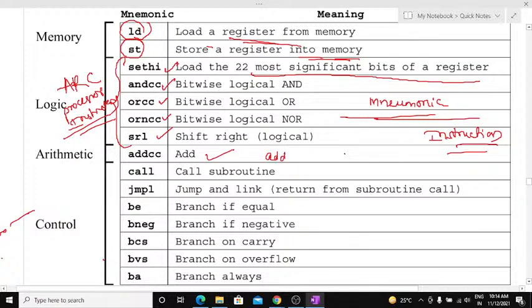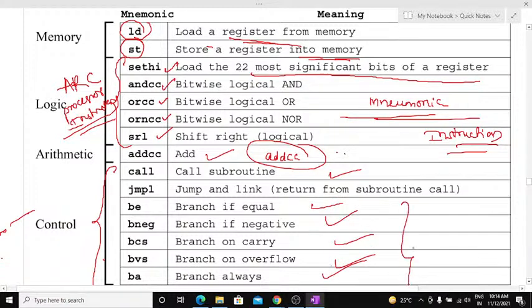Here they specified only very few instructions. They covered all memory related instructions, logical related instructions, arithmetic. Then these are all control related instructions: call, subroutine, jump, branch equal, branch negative, branch on carry, branch overflow, branch always.